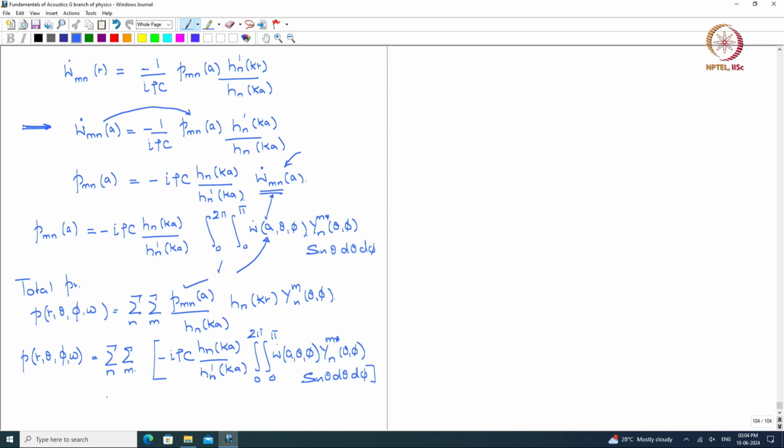Then I have one over Hankel function Ka and then Hankel function Kr, okay, and outside is Y_mn (theta, phi).